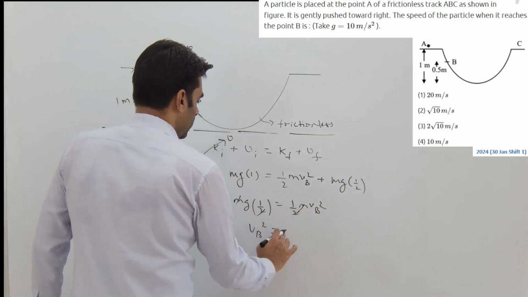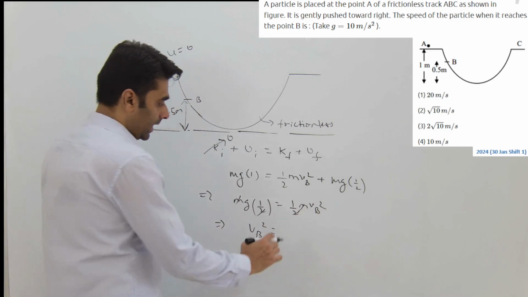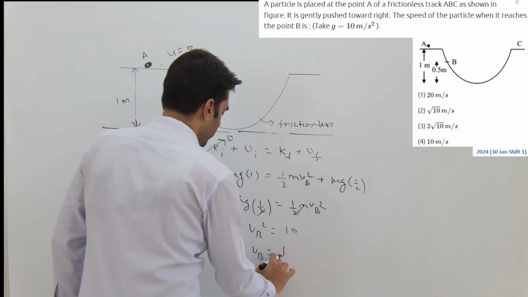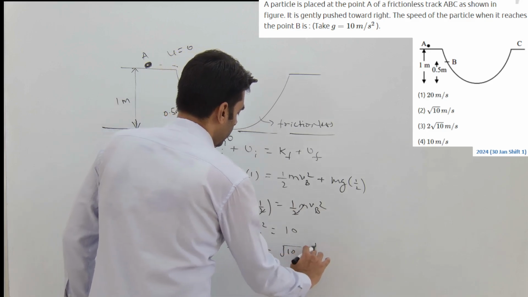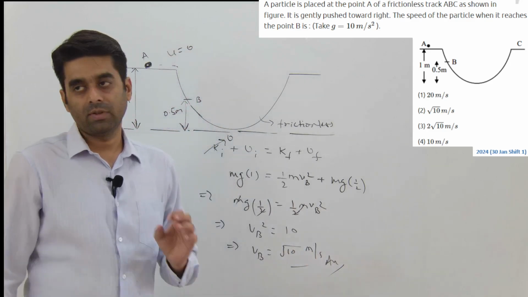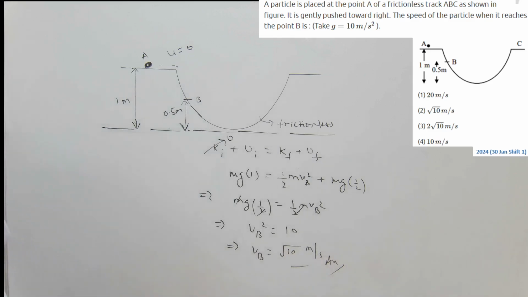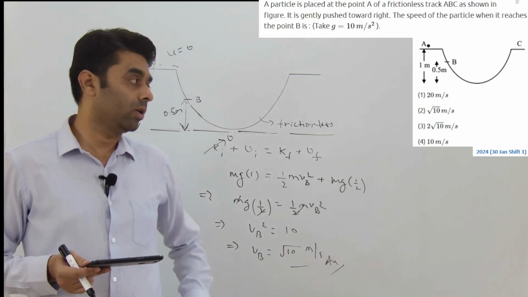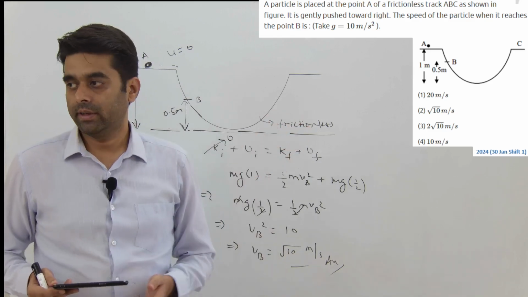Vb square is equal to g, that is 10. So from here Vb is equal to root 10 meter per second. So our answer comes out root 10 meter per second. Let us check options. Option number 2 is our correct answer. Let's move ahead.